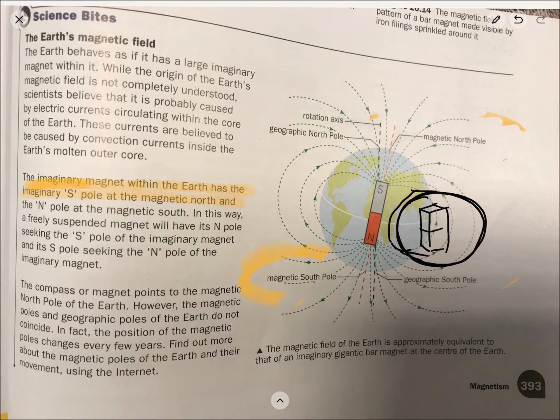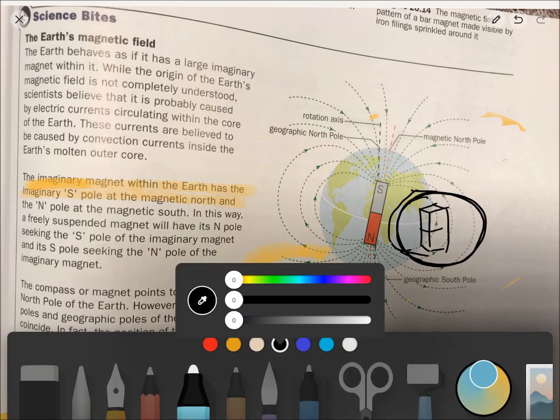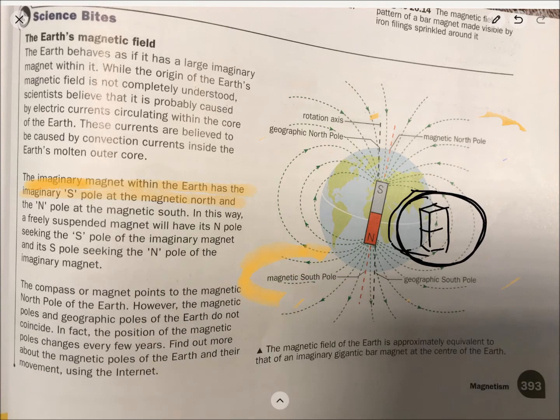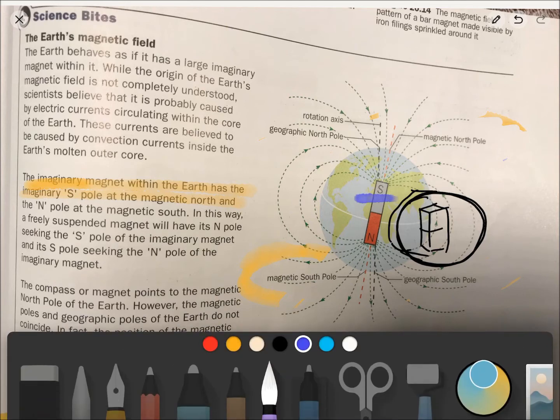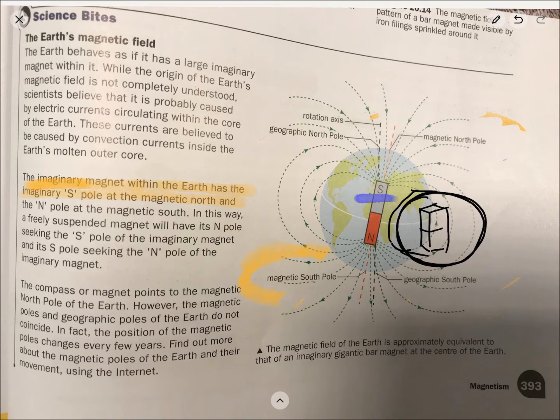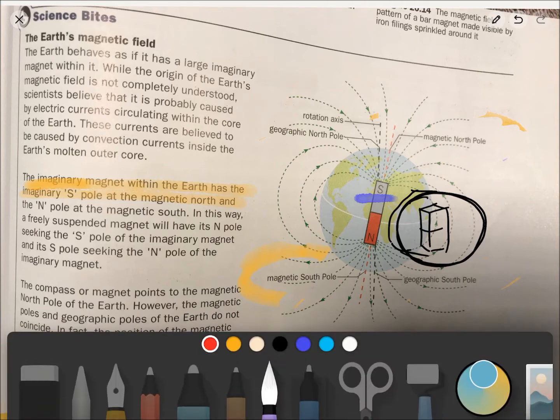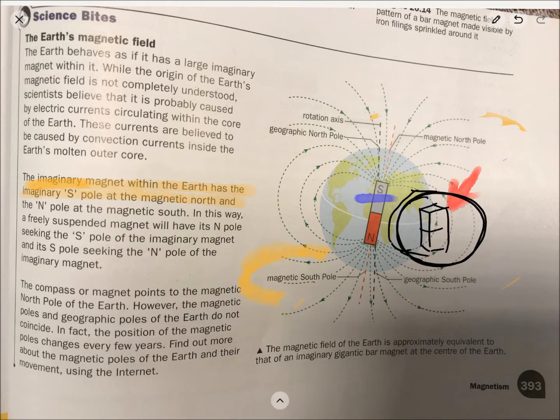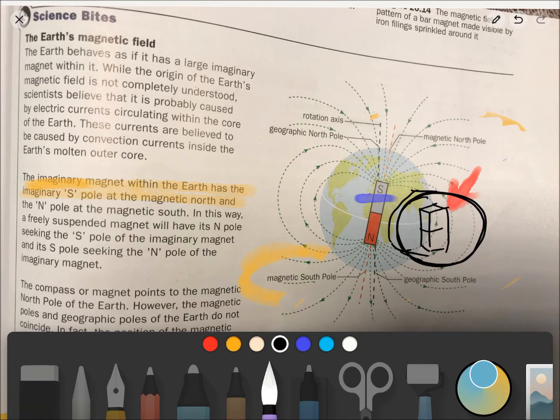This magnet will have 2 poles. Since the imaginary magnet of the Earth is south on the northern hemisphere, then what kind of pole would point towards it? As in the compass magnet's pole, it will be the north.